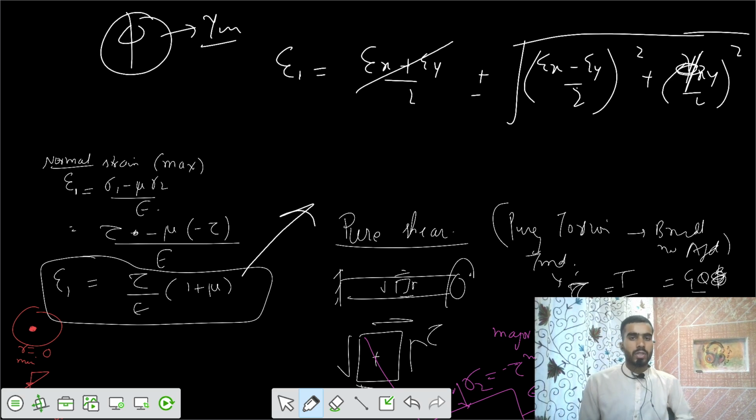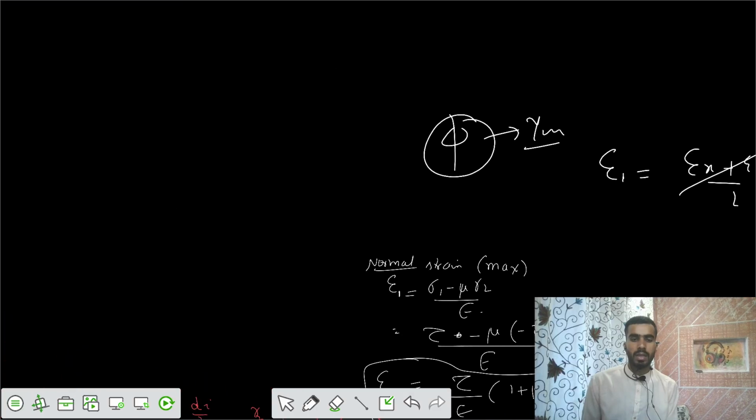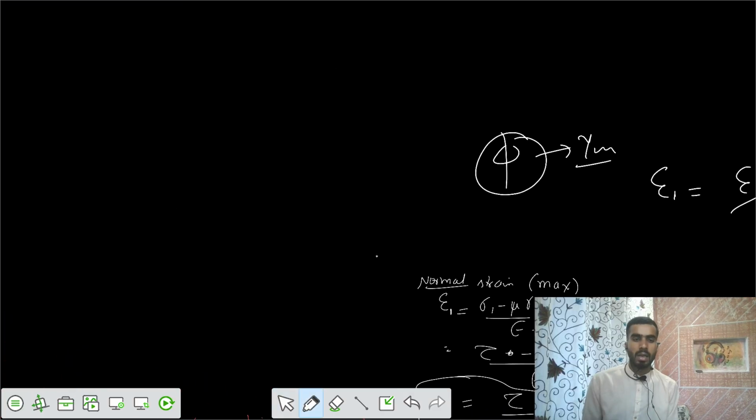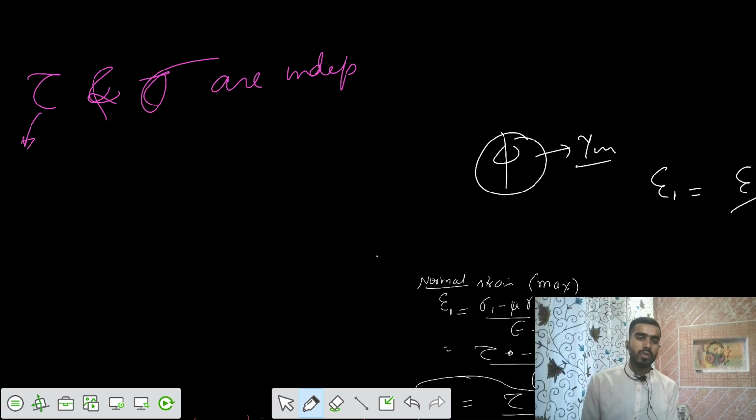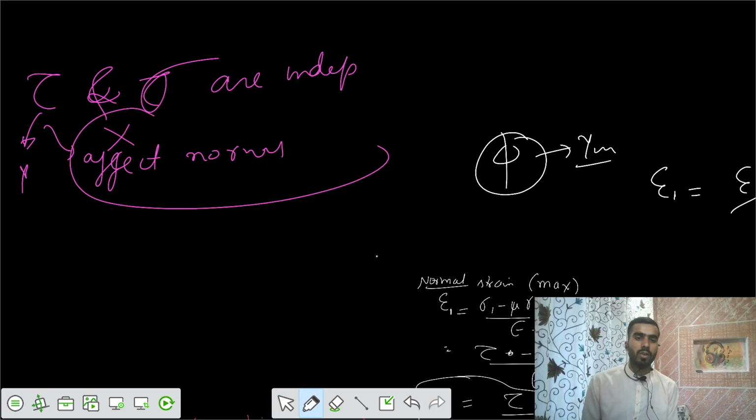We have already discussed that tau and sigma are independent of each other, because shear stresses produce only shearing strains. It does not have any effect on normal strains.